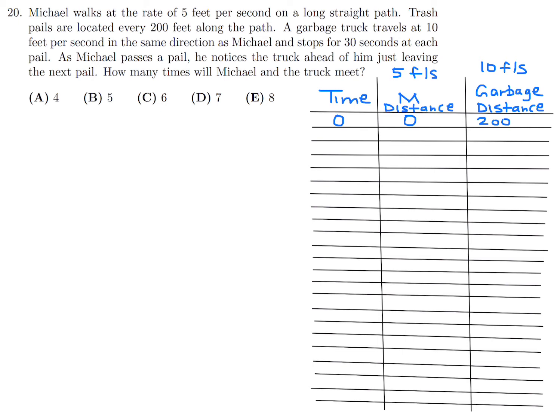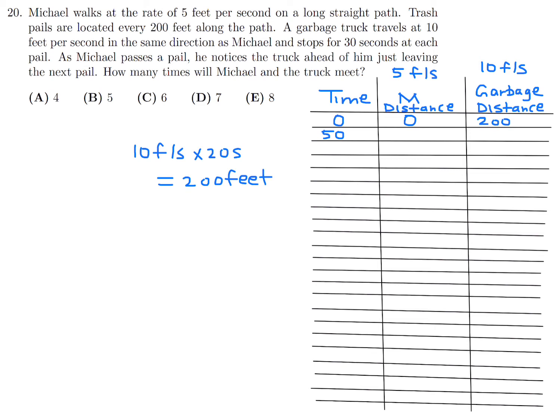That's time 0. Now, our time intervals initially will be 50 seconds. Why 50 seconds? Because it takes 20 seconds for the garbage truck to travel the 200 feet to the next pail, correct? Because it's 10 feet per second. So 10 feet per second times 20 seconds is 200 feet.